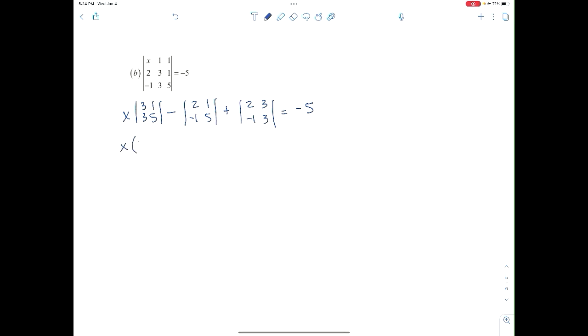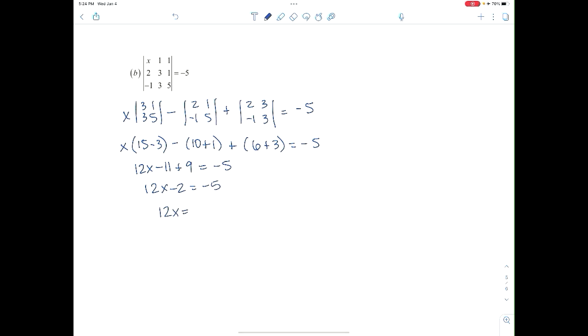X times 15 minus 3 minus 10 plus 1 plus 6 plus 3 equals negative 5. 12x minus 11 plus 9 equals negative 5. 12x minus 2 equals negative 5. 12x equals negative 3. X equals negative 1/4.